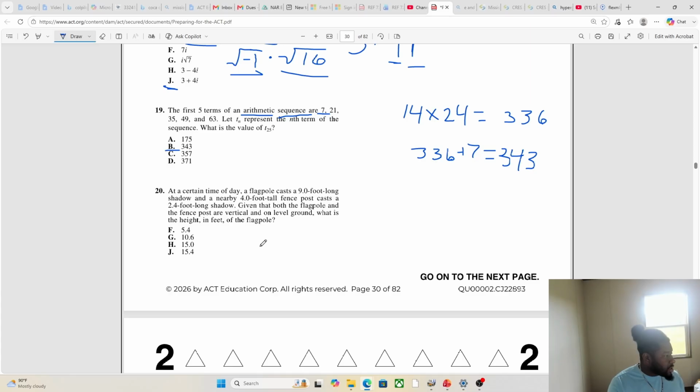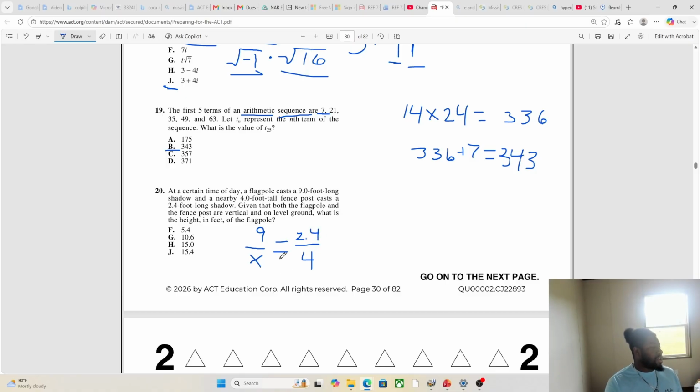We need to set up 2 fractions. This can be the flagpole fraction: a 9-foot long shadow, and we don't know how tall the flagpole is. And then we have a fence post that's 4 feet tall and casts a 2.4-foot long shadow.